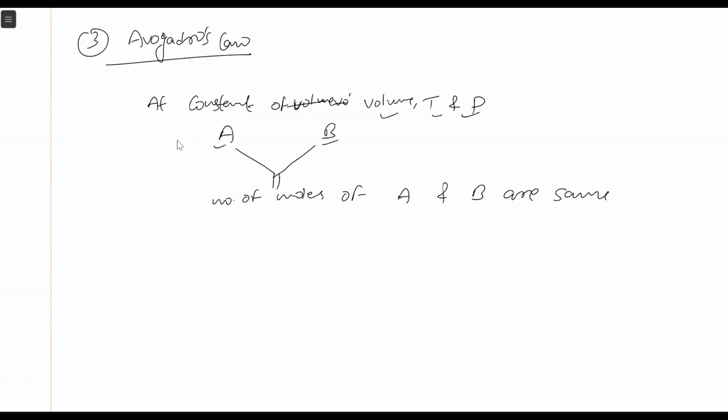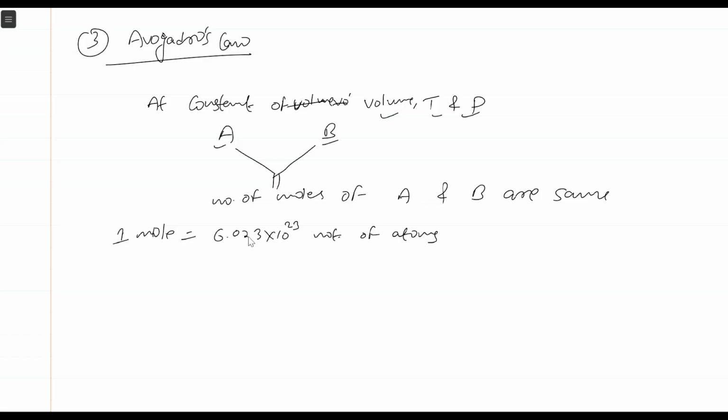So the gist of Avogadro's law is at constant temperature, pressure and volume, 1 mole of any substance contains 6.023 into 10 to the power 23 number of atoms.